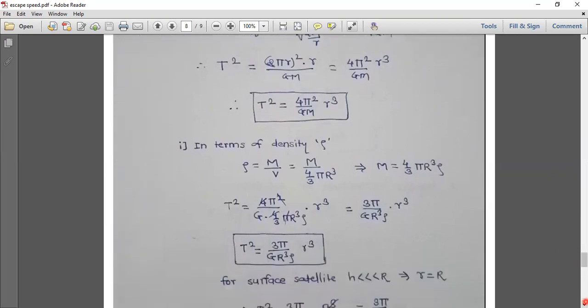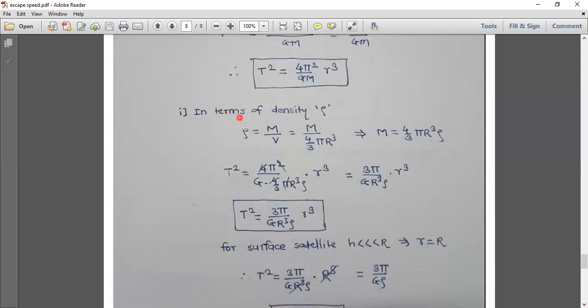In terms of density, rho is equal to m by v, which is m by 4 by 3 pi R cube. Volume substituted, and m is equal to 4 by 3 pi R cube rho.